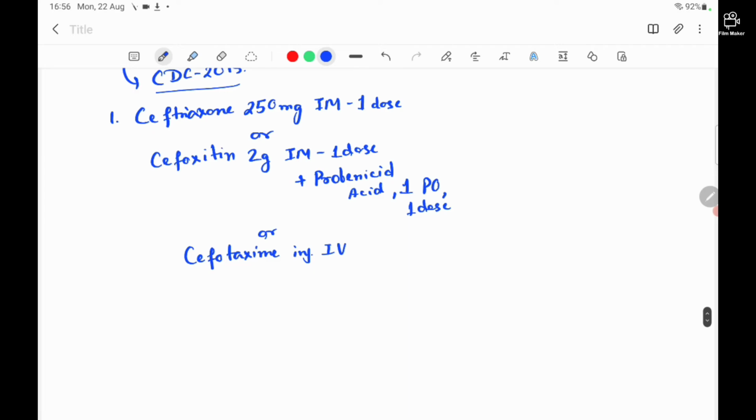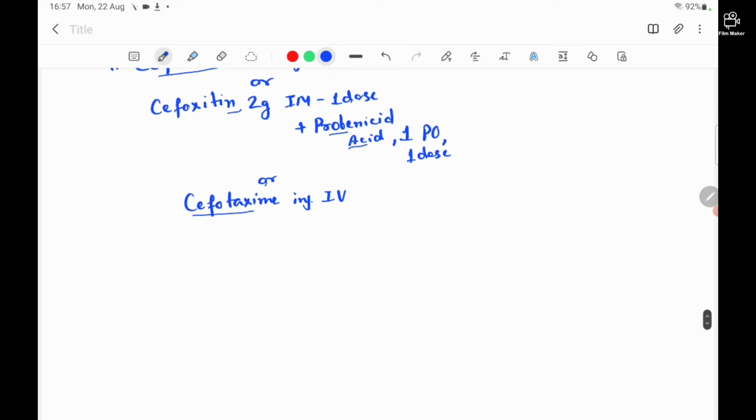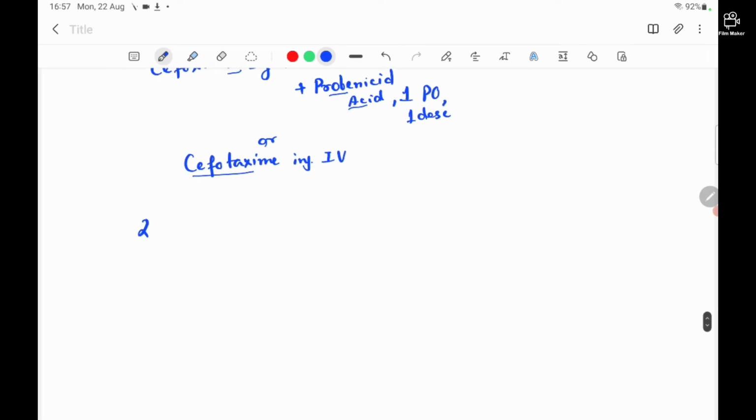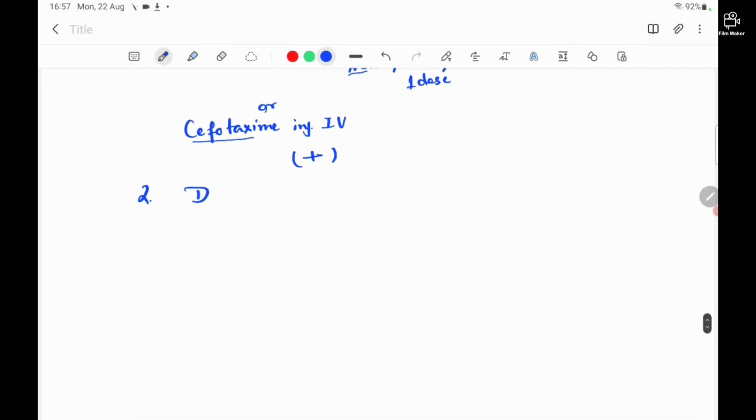So either you go for ceftriaxone 250, or you can go for cefoxitin and probenecid, or you can go for cefotaxime. Along with this, the second regime is you have to give the patient doxycycline 100 mg PO for plus minus 14 days.